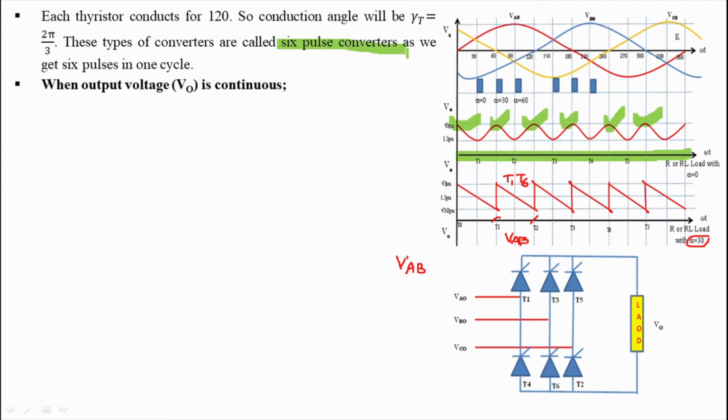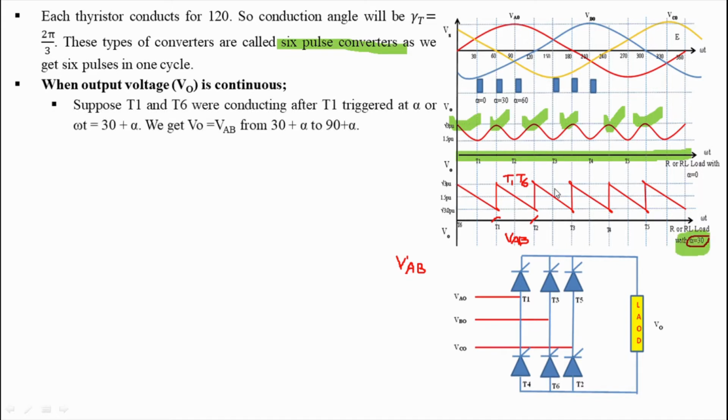Now we will see the expression of output voltage, that is average output voltage for continuous conduction mode. For this we take an example of continuous conduction mode. Here see this, for alpha is equals to 30 degree, this is the waveform of continuous conduction mode. Here we can see that thyristor T1 is triggered at omega t is equals to 60 degree, and after omega t is equals to 60 degree thyristors T1 and T6 will conduct.